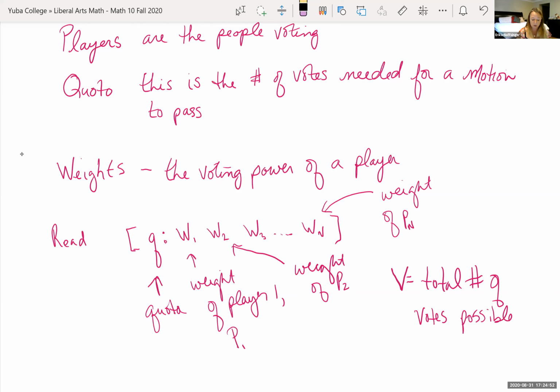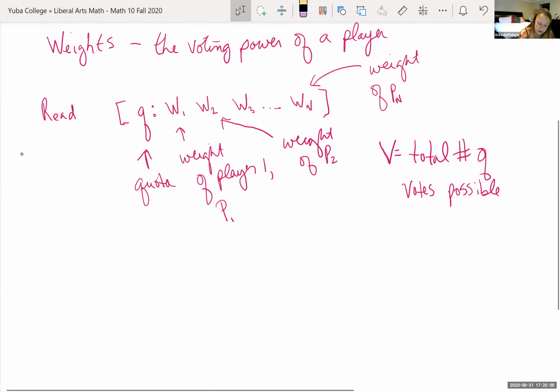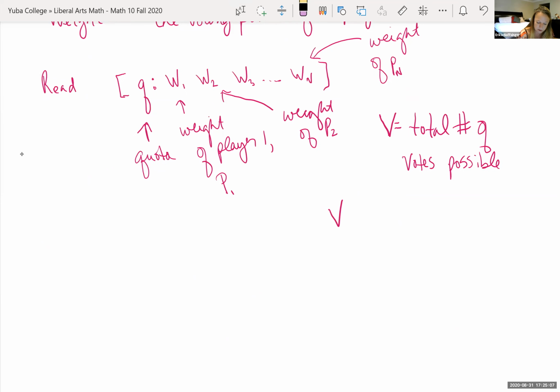To get the number of votes possible, basically if you add the weight of each player, that would be the number of votes possible in that voting system. And so V in this case is equal to the weight of player 1 plus the weight of player 2 plus the weight of player 3 all the way to the nth person voting.